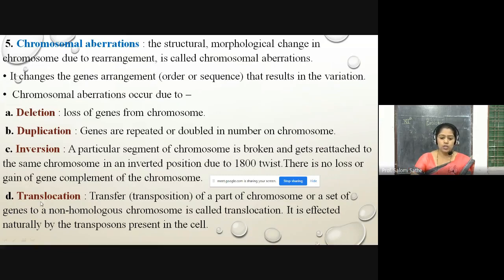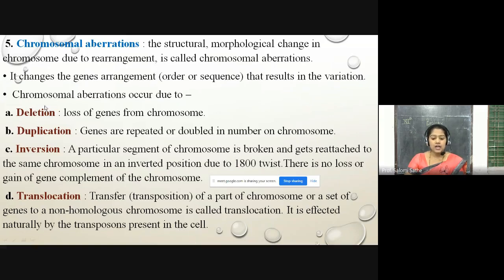And the last one is translocation, transfer or transposition of a part of chromosome or a set of genes to a non-homologous chromosome. It is effected naturally by the transposons present in the cell.